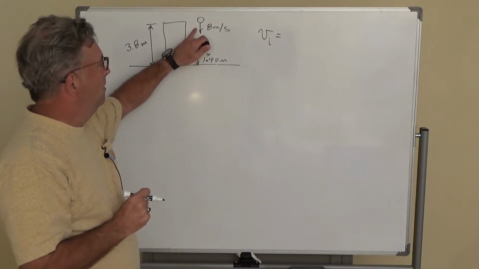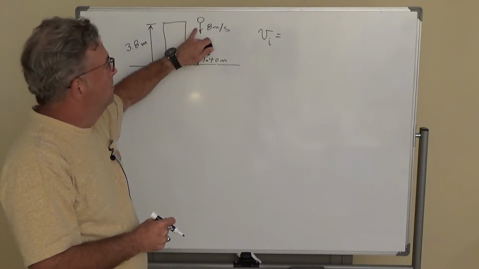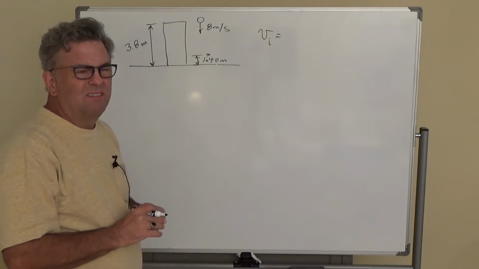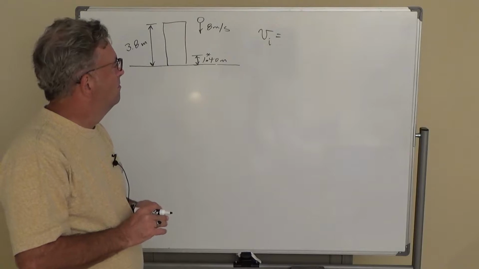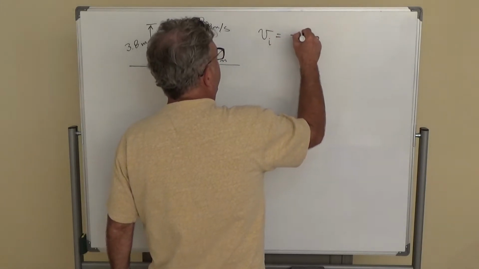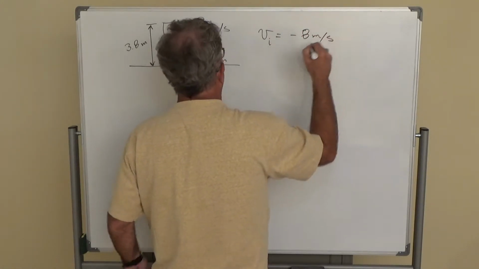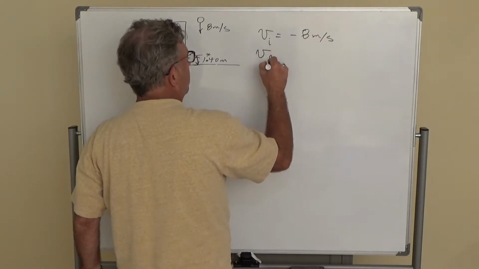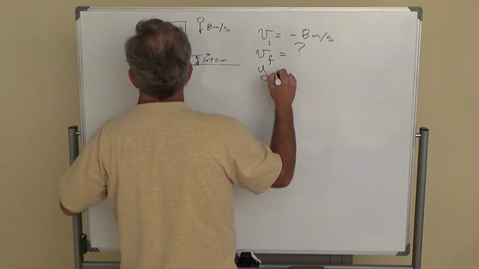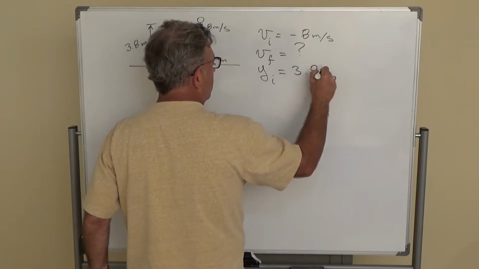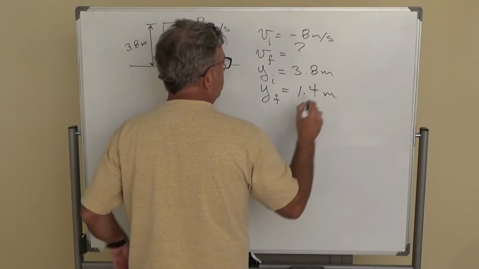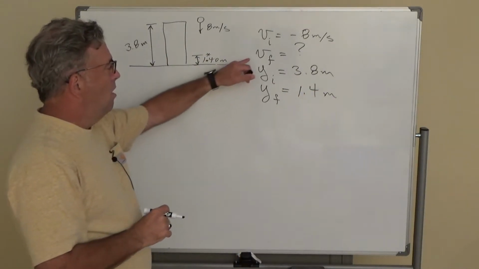Yeah, this is meters per second. My number is 8 meters per second. So yours may be 7.9 or something. Is that what you're asking? Oh, no, I think I was just given 8 meters per second as well. Oh, okay. So V initial is negative 8 meters per second. V final is what we're looking for. Y initial is equal to 3.8 meters. Y final is equal to 1.4 meters. Okay. Solve for V final.